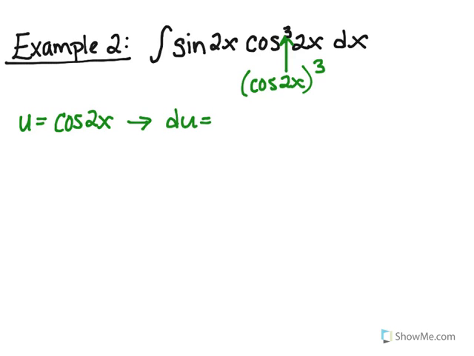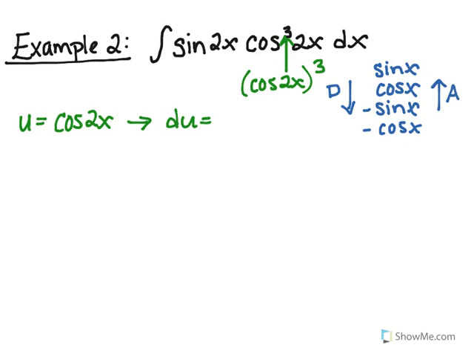Now, before I do that, let's backtrack for a minute. We had written down before this pattern: sine x, cosine x, negative sine x, negative cosine x. And we know that going down are derivatives and going up are antiderivatives or integrals.